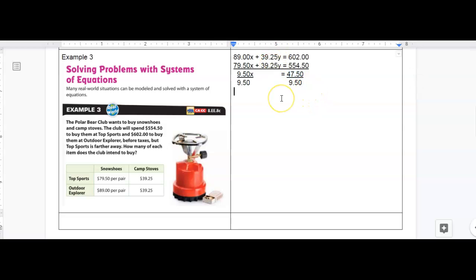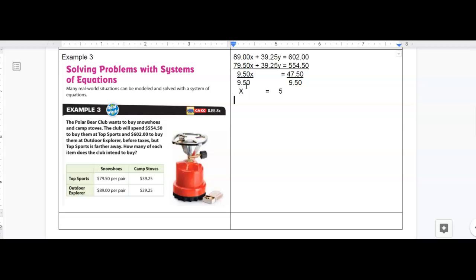So on this side, I'm going to end up with 9.50 divided by 9.50. That's 1. 1 times x is going to be x. And then on the other side, I'm going to have 47.50 divided by 9.50, and it gives me 5.